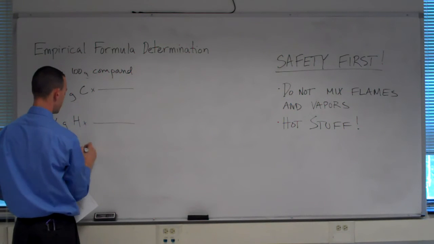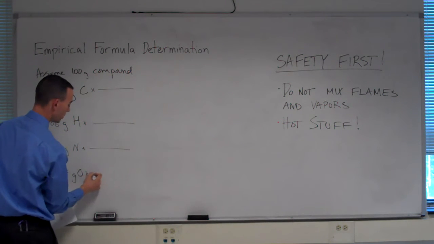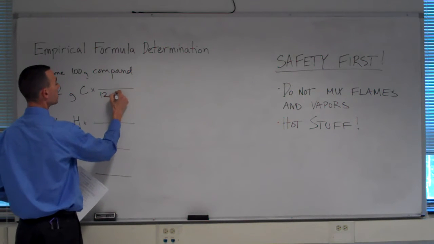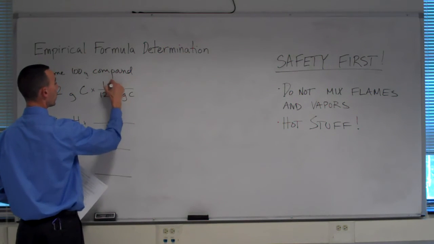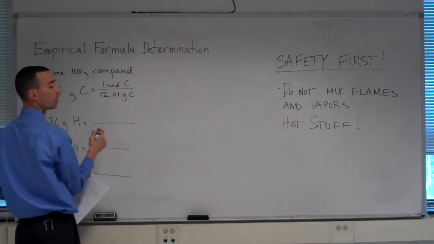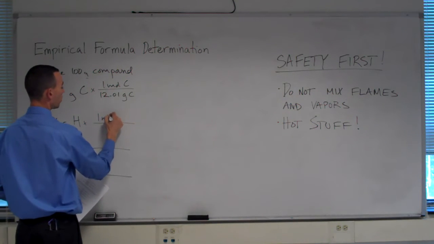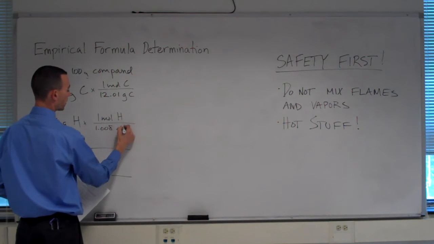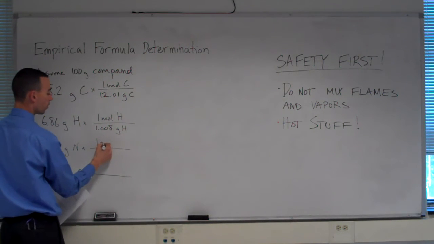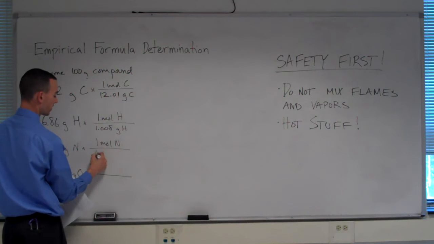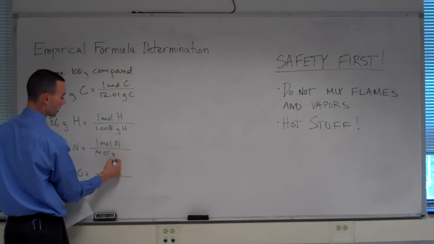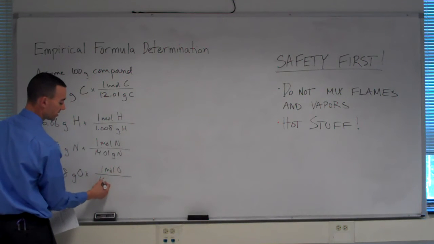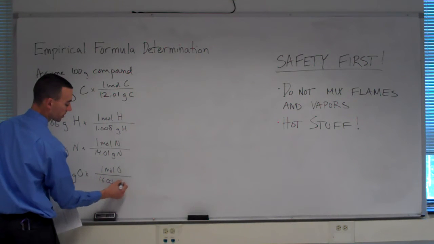Each of these masses can be converted to its respective mole quantity by dividing by the molar mass. 1 mole of carbon is 12 grams. 1 mole of atomic hydrogen, 1.008 grams. 1 mole of atomic nitrogen, 14.01 grams. And 1 mole of atomic oxygen, 16.00 grams.